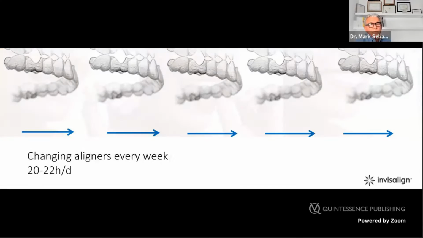With a series of splints, changing every 2 weeks, every 10 days in the beginning, and then every week, we can change the position of the teeth. Every splint changes the position of the tooth by 0.1 to 0.2 millimeters in the right direction.